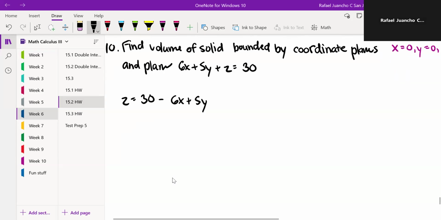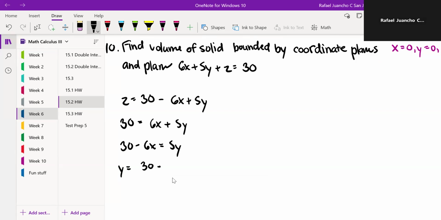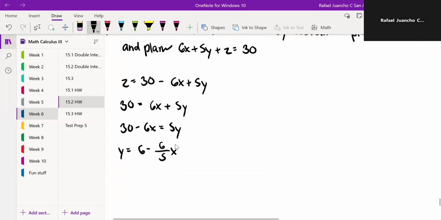So the idea was to get this function out and then to sort of isolate this thing, right? And then from there, I isolate my y. So it gets something like this. Then my y is just, divide everything by 5. So then I would get 6 minus 6 over 5 x. Yeah, so I was right there.